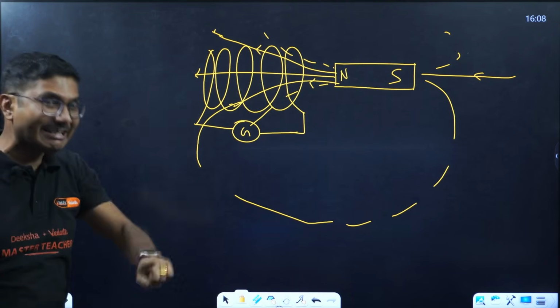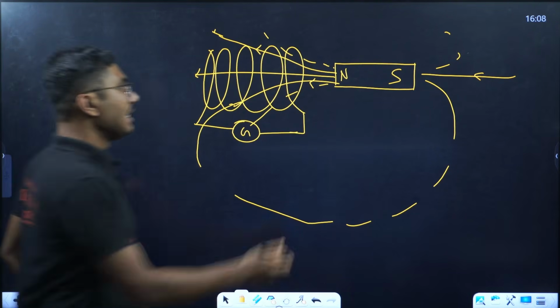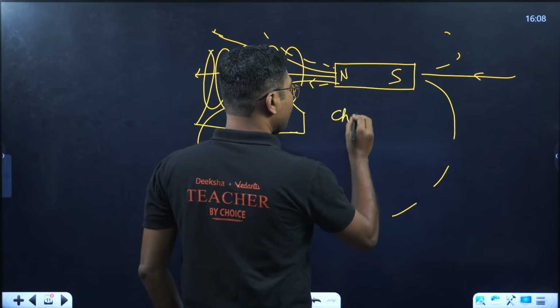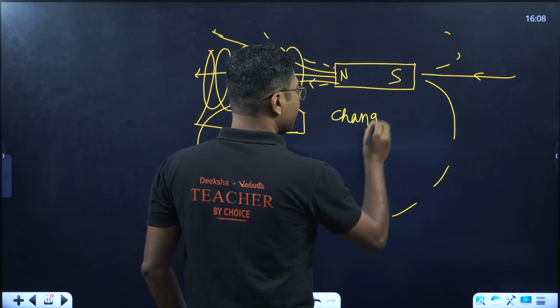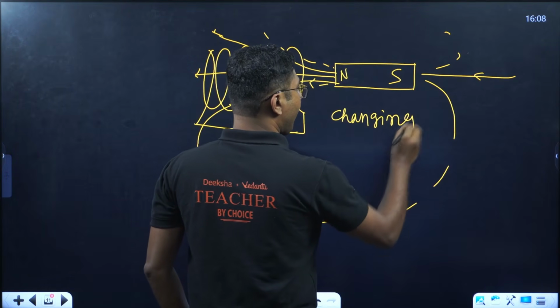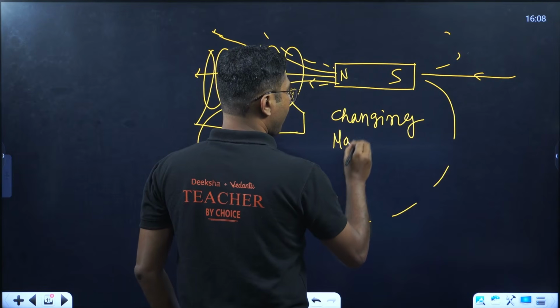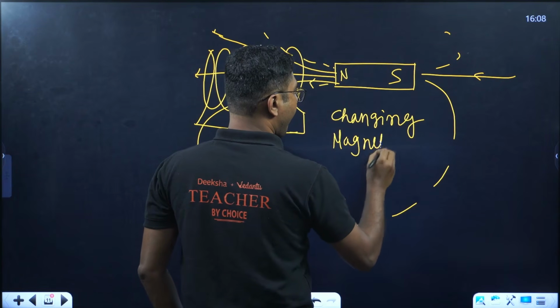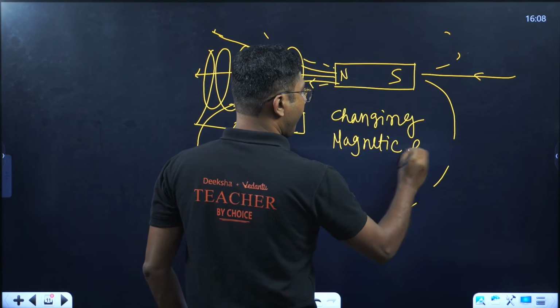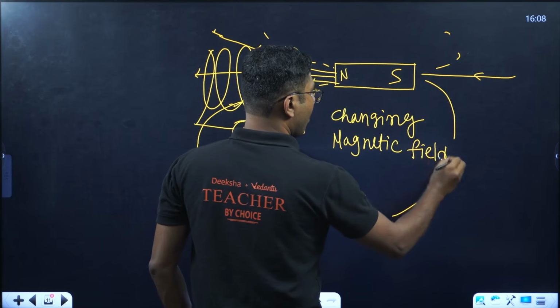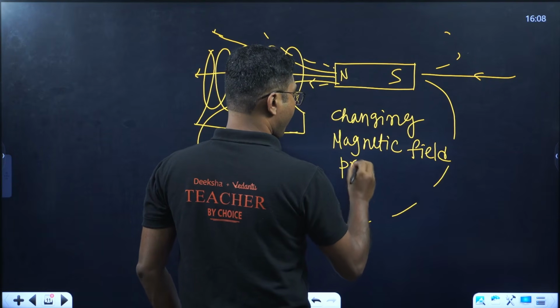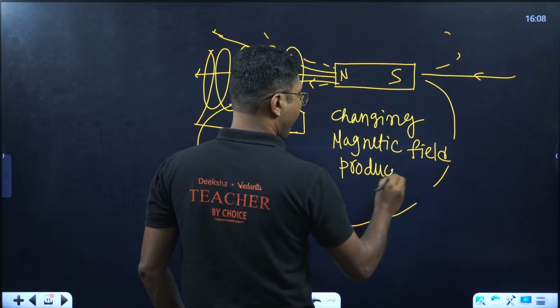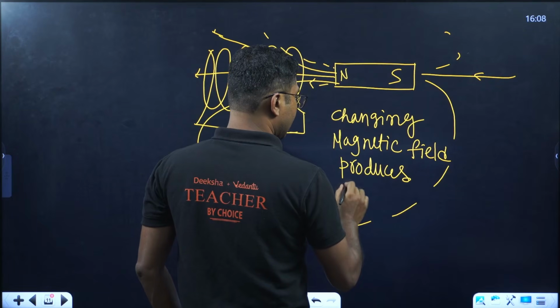So changing magnetic field produces electric current.